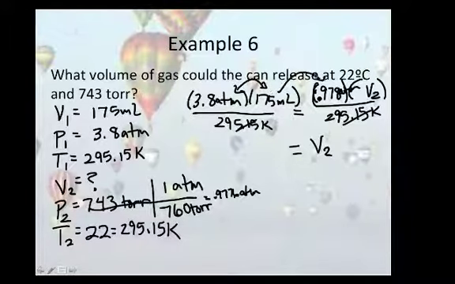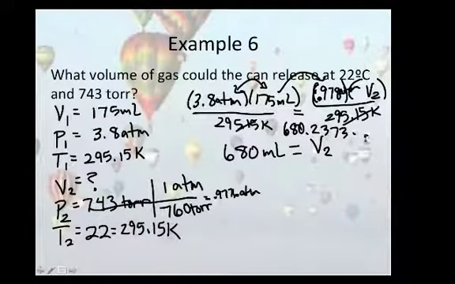And then divide by 0.978. 680 mils. 680 milliliters exactly? 680? Or do we have a whole bunch of numbers? No big deal. Might be good if I knew how to use a calculator. 680.2373.